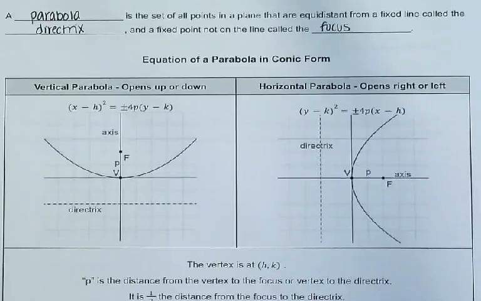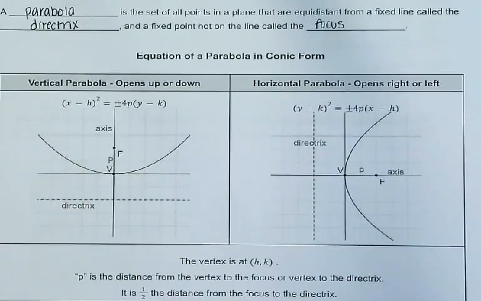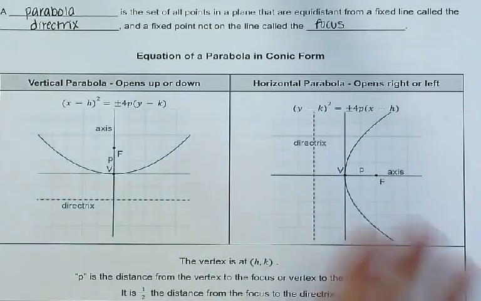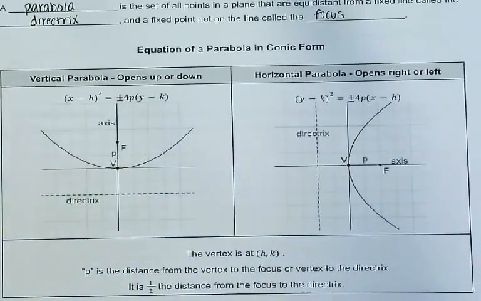All right, so writing equations in different forms this time today. What we've been doing, we've had vertical parabolas where they open up or down. Today we're going to introduce a new way to write these, but also introduce horizontal parabolas which open right and left.